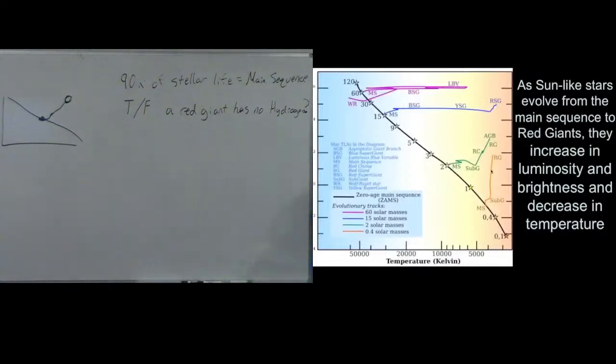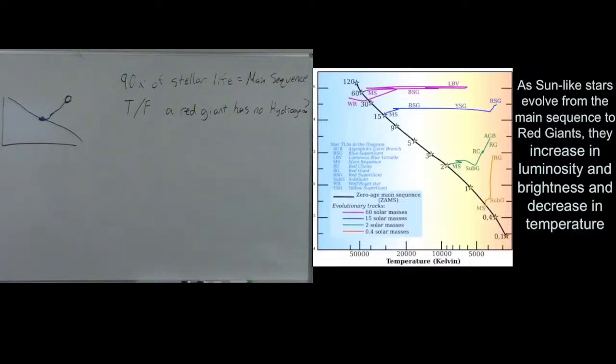The other colored lines represented here on this HR diagram are the life tracks of stars of different masses after they finish their main sequence lifetime. For a star that is about half the mass of the sun, labeled here as MS, the star will expand after its main sequence lifetime.